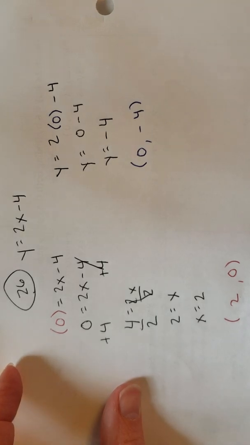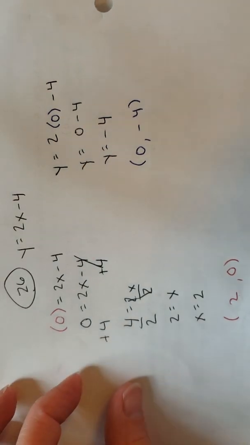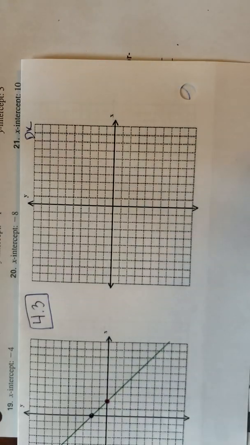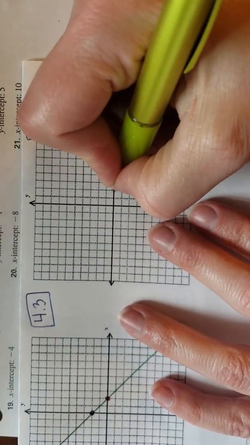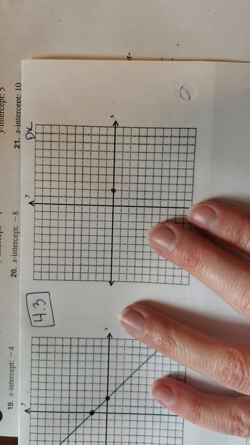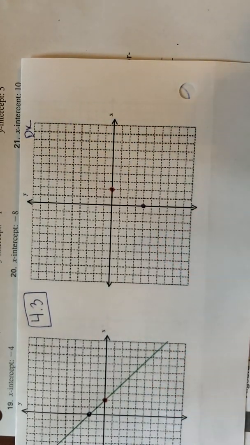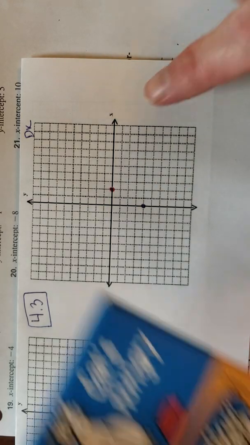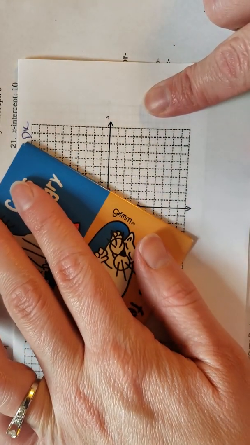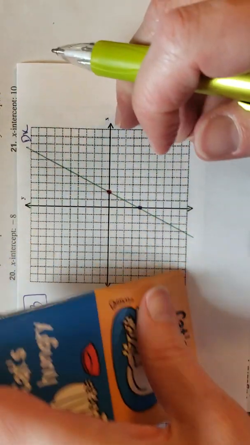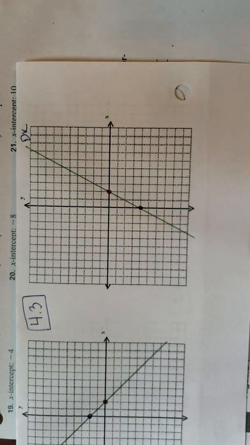And so now, knowing that, I can make a point at 2, 0 and 0, negative 4. And this is a line that represents the equation. Boom. Isn't that fun? Excellent.